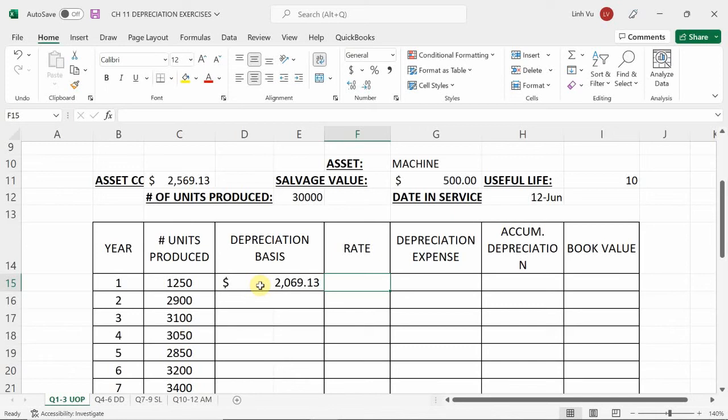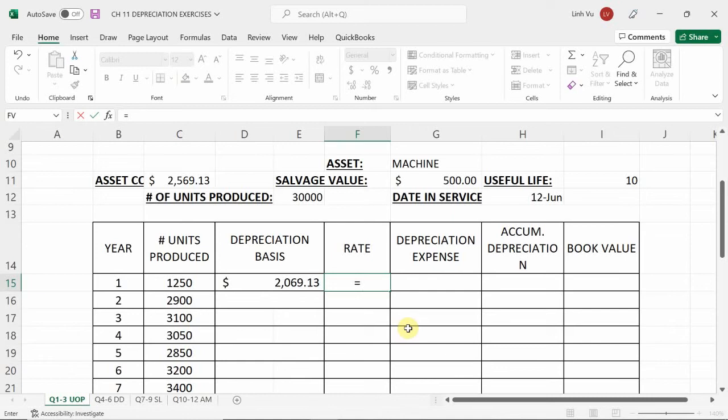How do I solve for a per unit rate? I want to know how much it's going to cost me to depreciate for every unit that I make. Would it be one over the 30,000?